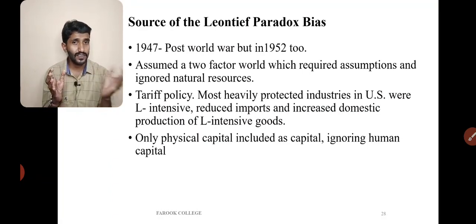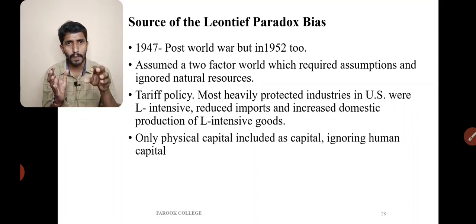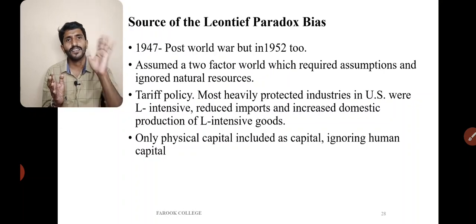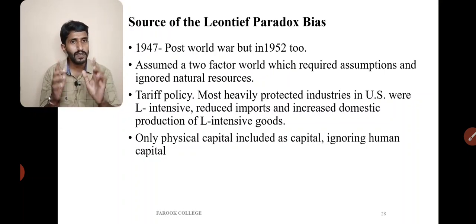We will discuss different types of tariff in the future, but there is a tariff policy, and it was applicable to the labor intensive industries. So it was heavily protected. That's why they reduced the import of labor intensive commodities, started domestic production, and started exporting labor intensive commodities. That might be another reason.